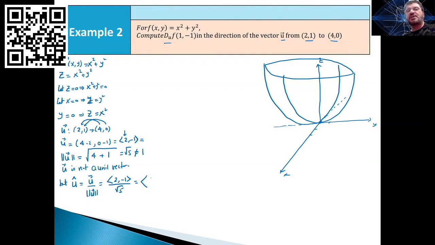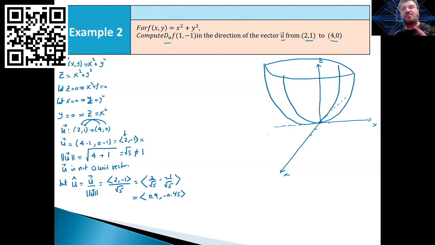So this is going to be 2 over root 5 and negative 1 over root 5. And by the way, if you compute this as a value, it is approximately 0.9 and approximately negative 0.45. All right, so this is our unit vector now.